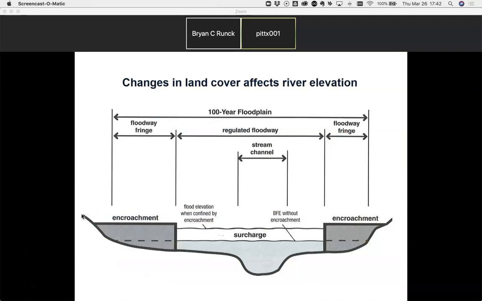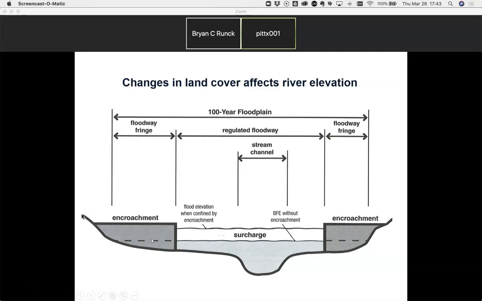Changes in land cover affect the base flood elevation within the floodplain. For example, under normal circumstances, without encroachment, the area that's inside of these sharp rectangles within the cross-section of the river channel represent zones of the floodplain that have been encroached upon, either by structures or by some other kind of modification.